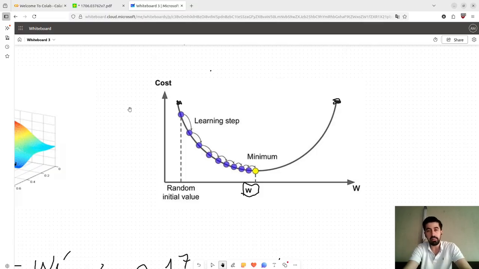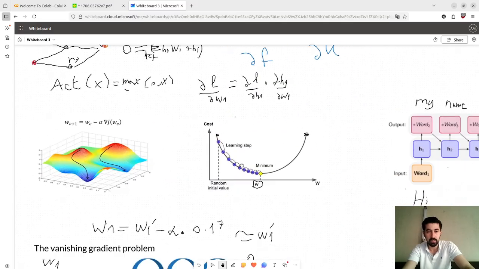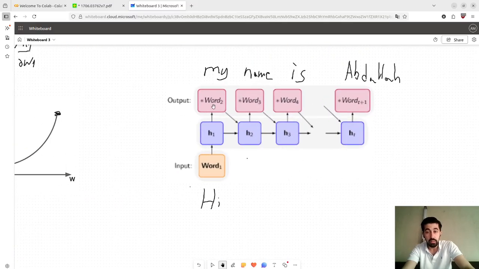And the problem was that if you wanted to translate a paragraph of 50 words, as you can see here in a recurrent neural network, you needed 50 H's, so you had a very deep network. So here you had H50, for example.